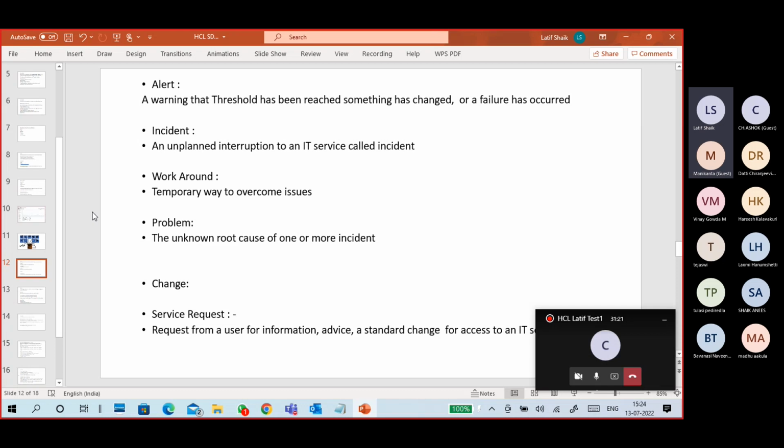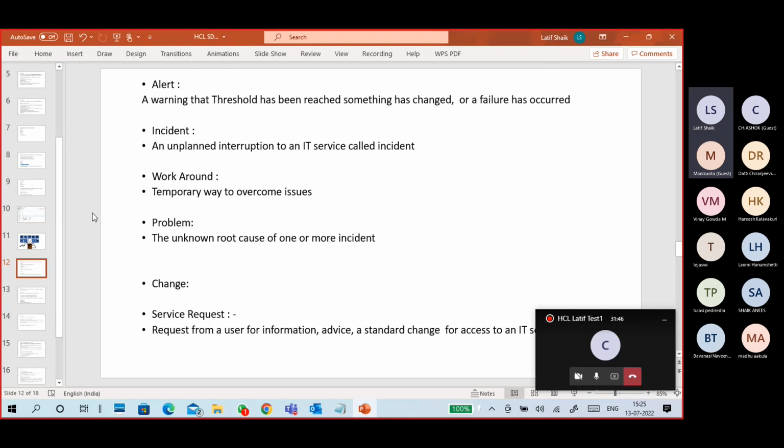An example: I want VPN access, or internet access. I want to increase or change my data plan, or change my router, or increase my RAM capacity. Another trainer got a laptop from our organization.